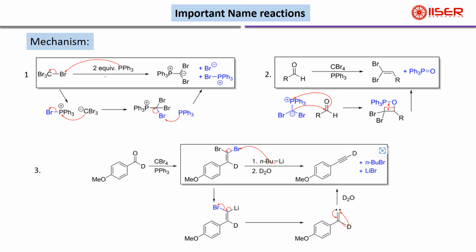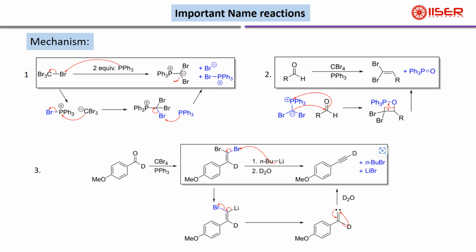Let us see it step by step. In the first step, this alkyl bromide will react with PPh3. The PPh3 will attack one of the bromine atoms and it will generate this carbanion.